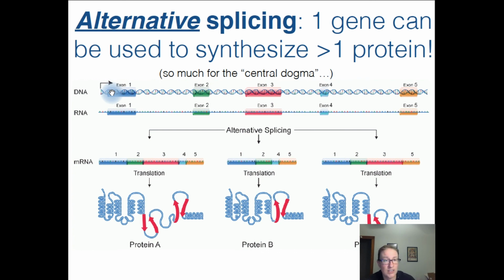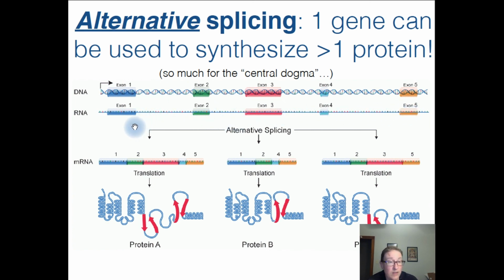In the gene pictured here, there are 5 pieces identified as potential exons. When this gets transcribed into RNA, all 5 of those sequences will be present.